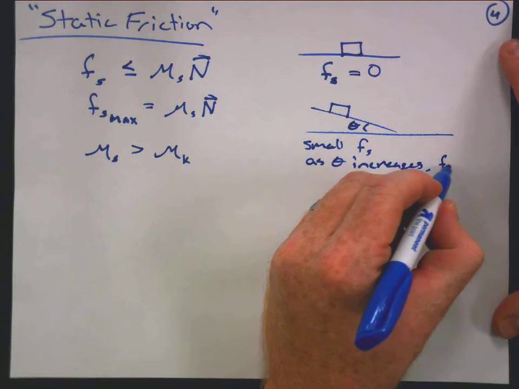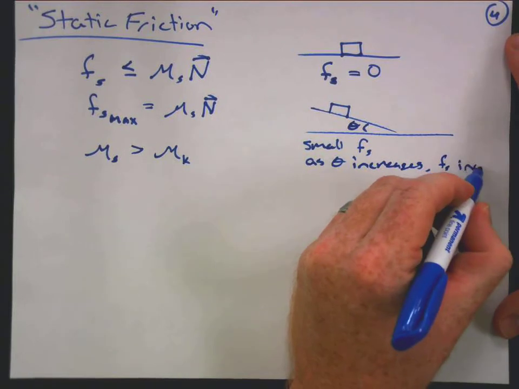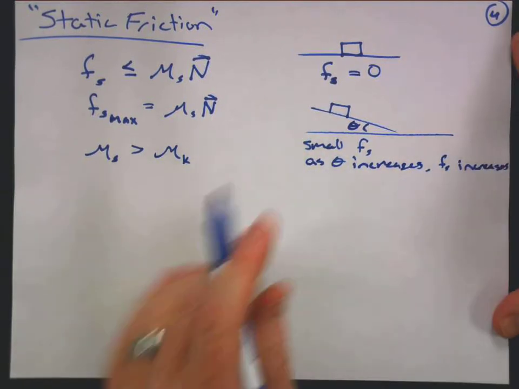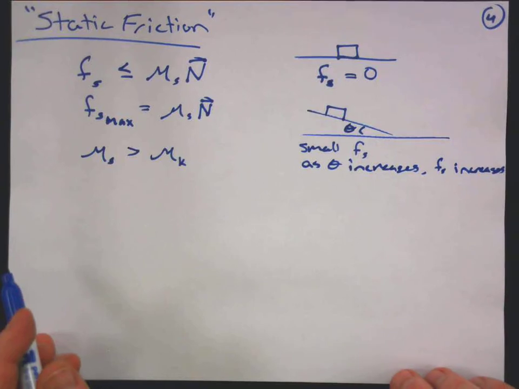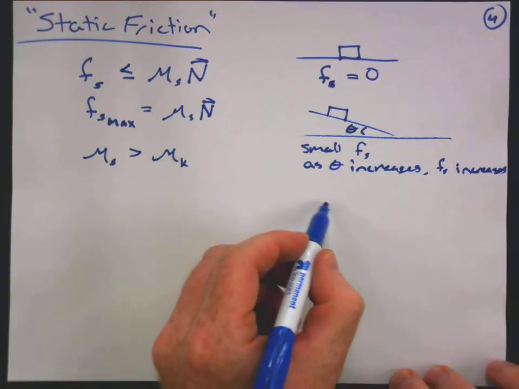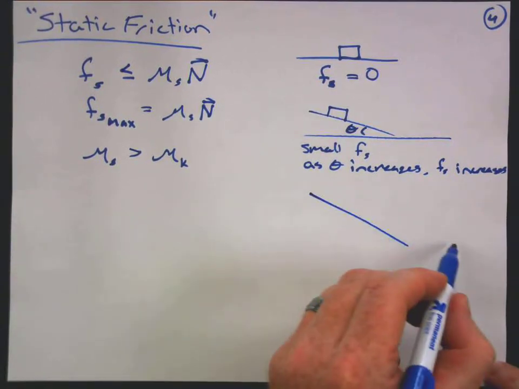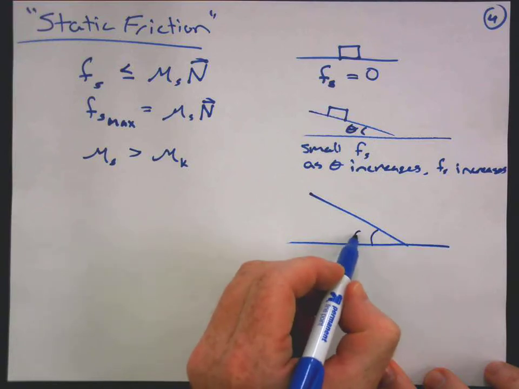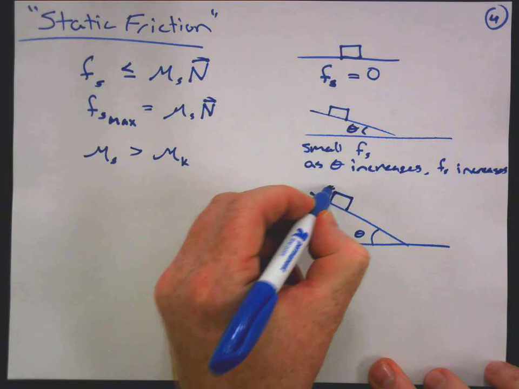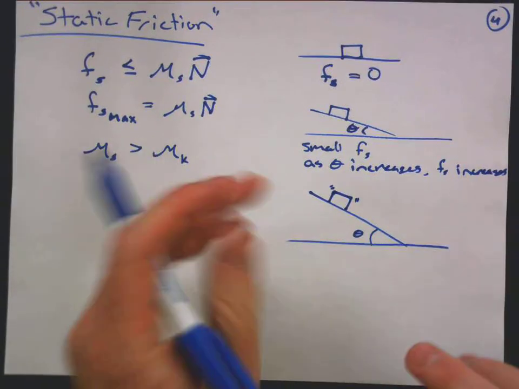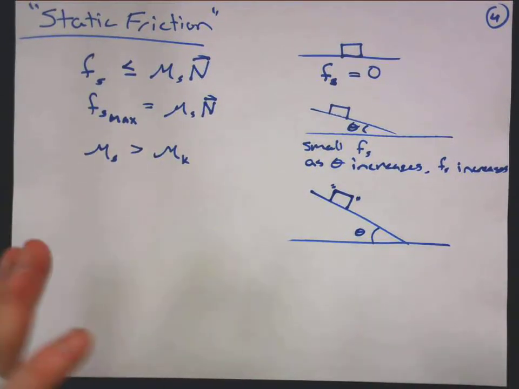Then static friction also increases. Sorry, that got to the edge of the paper. Now there will be a maximum value that the static friction can achieve. And at some angle, you increase theta enough, this thing is about ready to go. It's sort of on the edge of going kinetic.